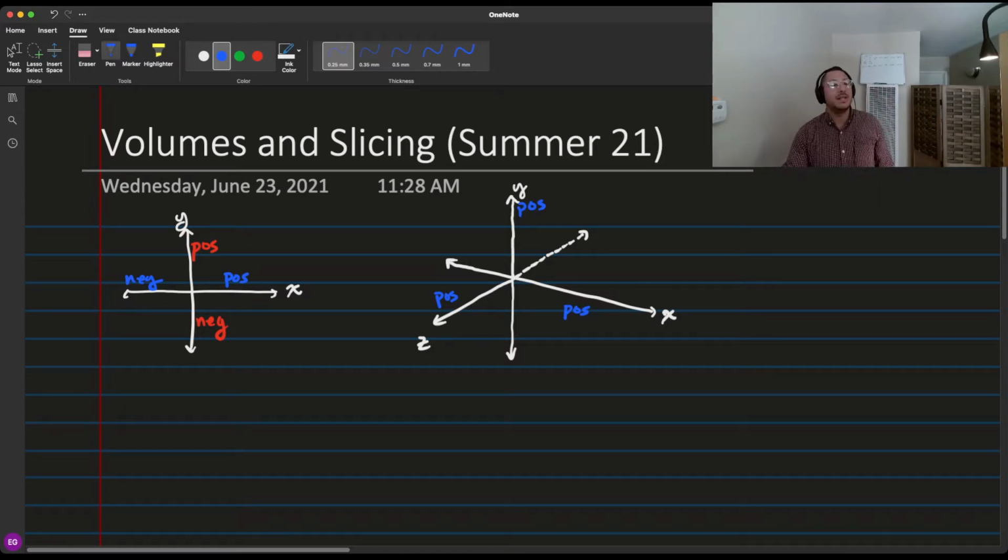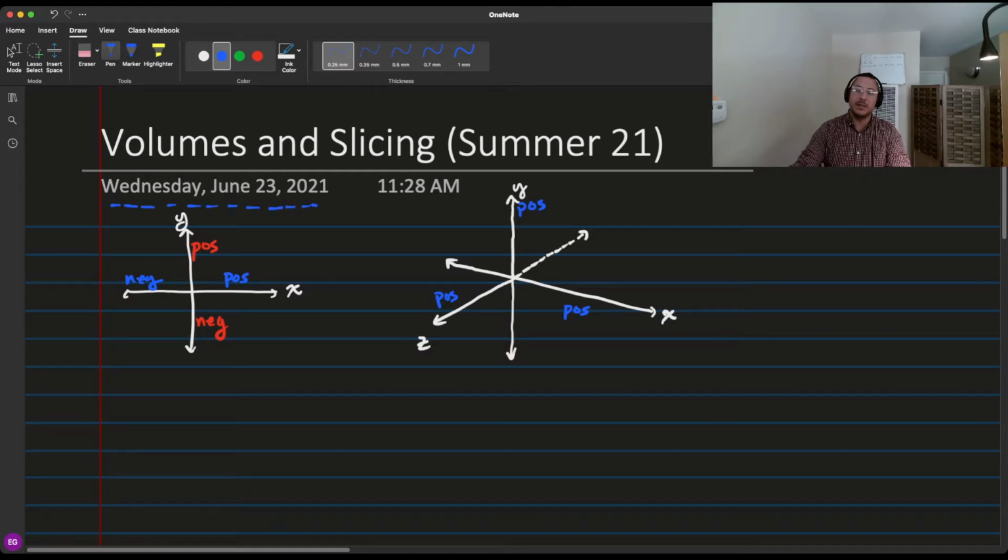But the whole idea is that when I draw these shapes, it allows you to orient yourself. The z-axis is going to be coming out of the screen and into the screen, basically. The y will still be up, and then the x will be horizontal.